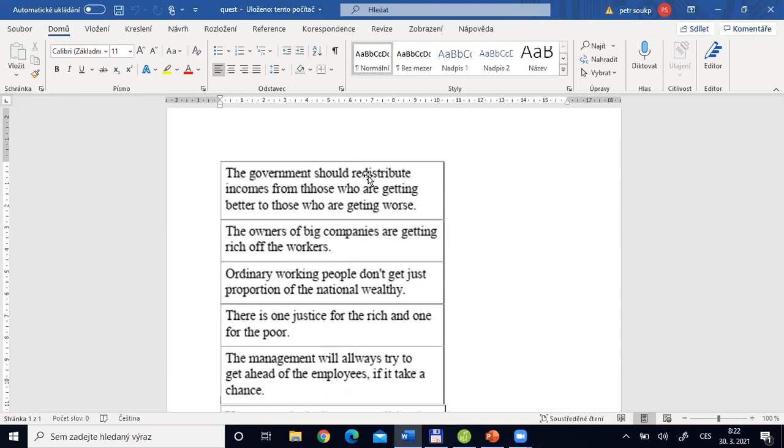And the last statement in the first 5 statements says that the management will always try to get ahead of the employees if it takes a chance. These 5 statements should be answered on the scale of agreement, so from definitely agree to definitely disagree.